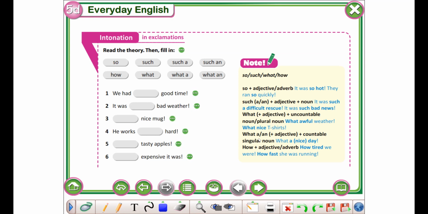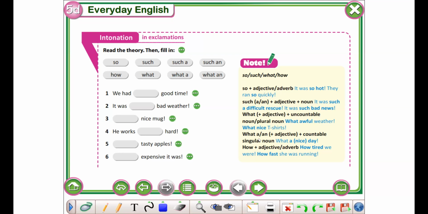What a plus countable noun. Read the example here. What example is given? How tired we were.